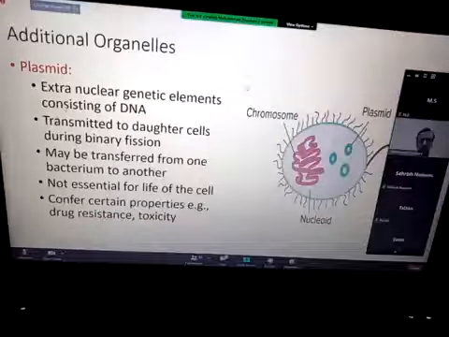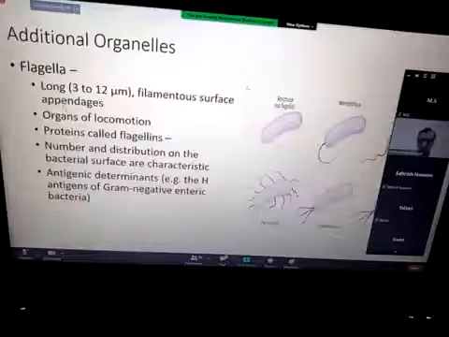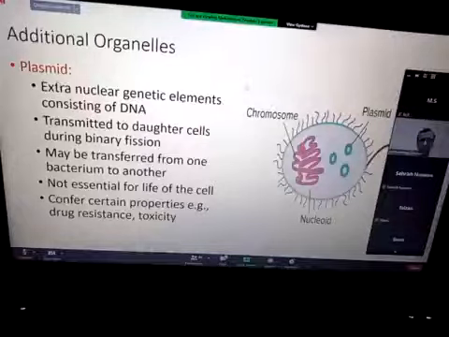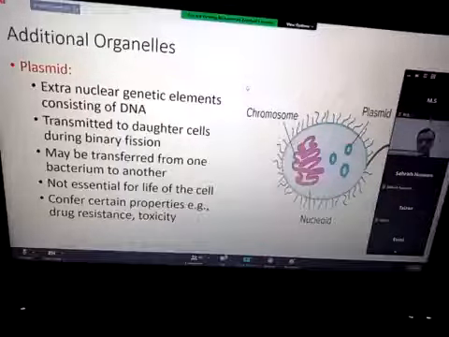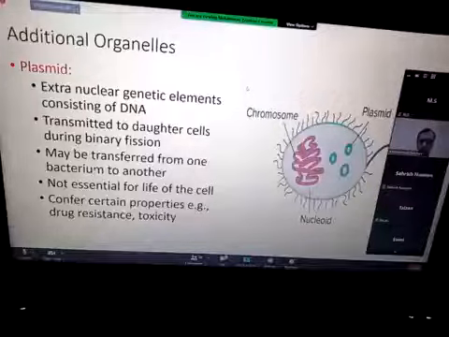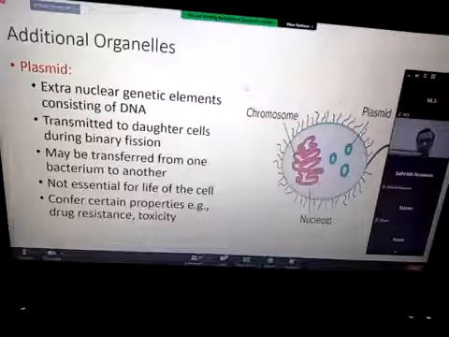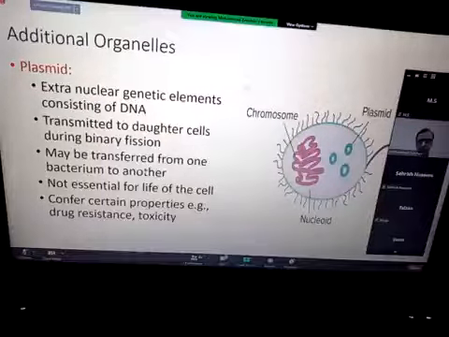This plasmid is not necessary for life, but it is very important because it carries essential information from one cell to another through different genetic transfer. This plasmid carries the genes for antimicrobial resistance, and it transfers from one bacterium to another.